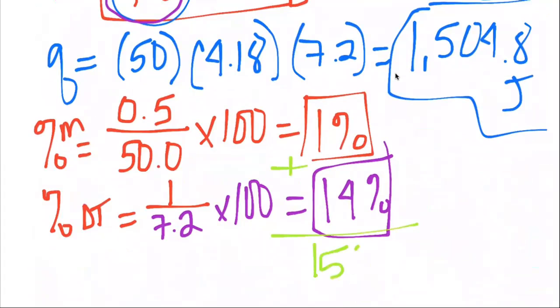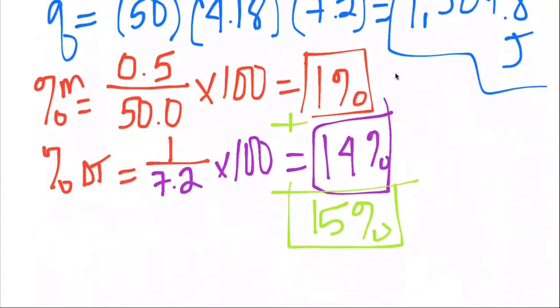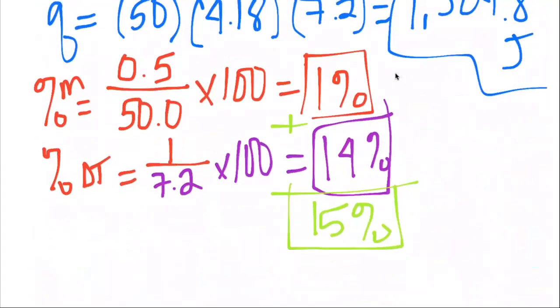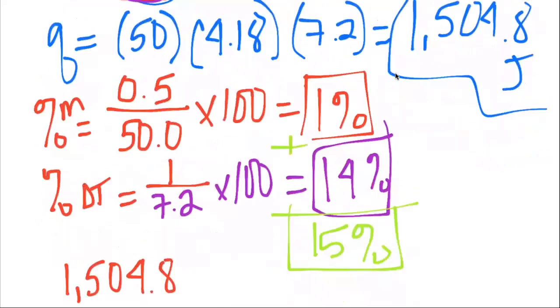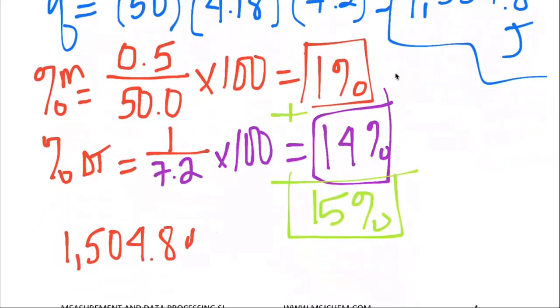So what that means, if I rewrite my answer that we calculated, was 1,504.8, and then it's going to be plus or minus 15% of joules.